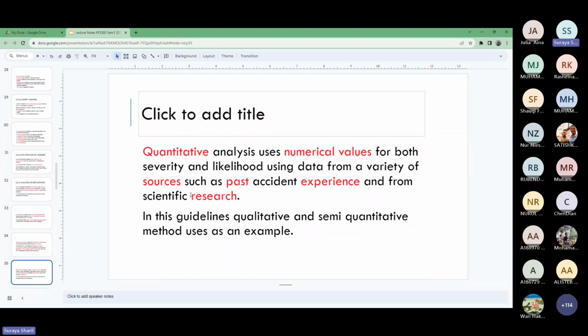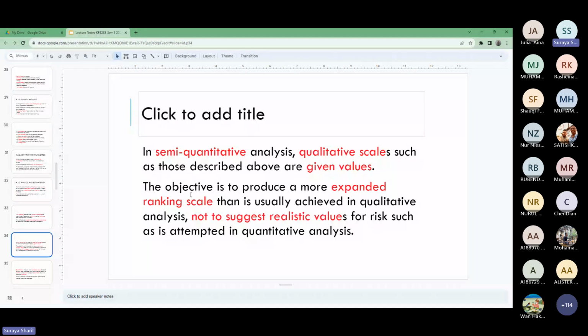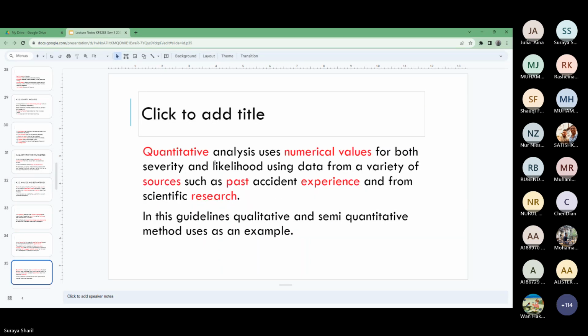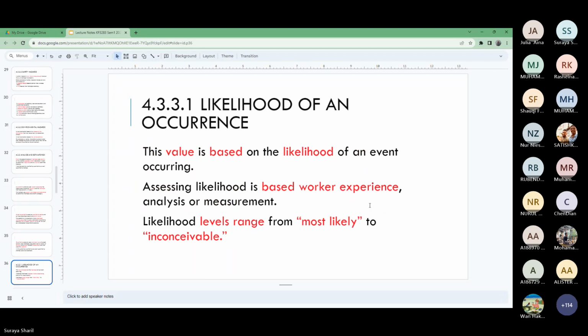So it is an exact numerical value compared to semi-quantitative, where we give value to a subjective or qualitative analysis. So in this guideline, qualitative and semi-quantitative methods are used as an example.